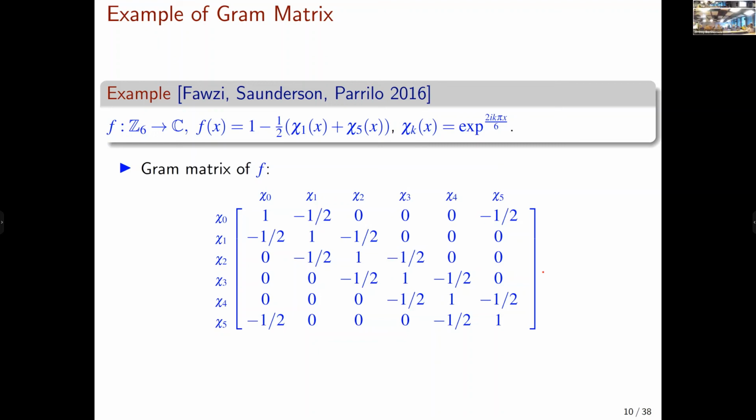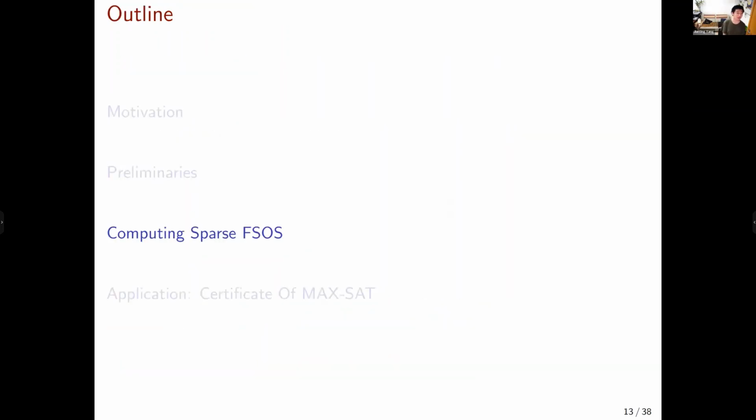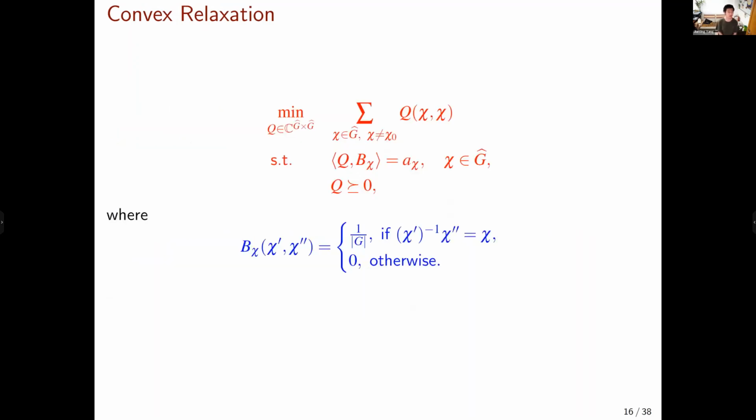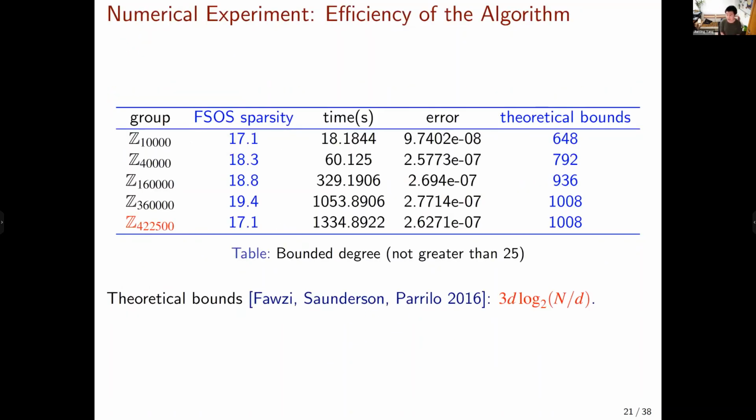Yes, of course. So can you move to the table with your numerical examples? I didn't quite get how you get these very sparse sums of squares. What was the procedure in this?